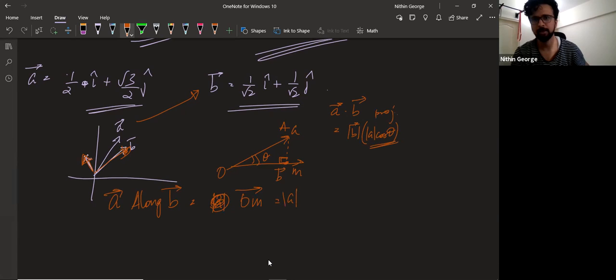Mod A cos theta. But then it's along the B direction, so I'll write that as B by mod B. Clear?